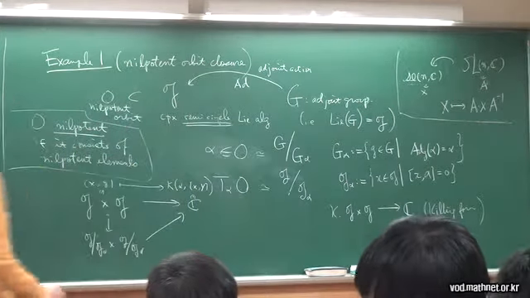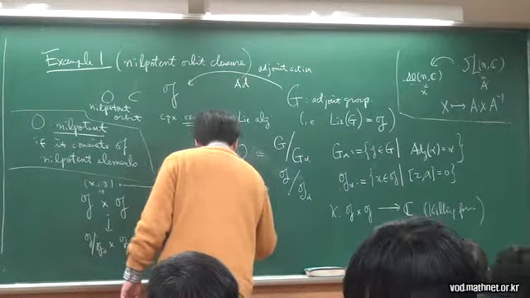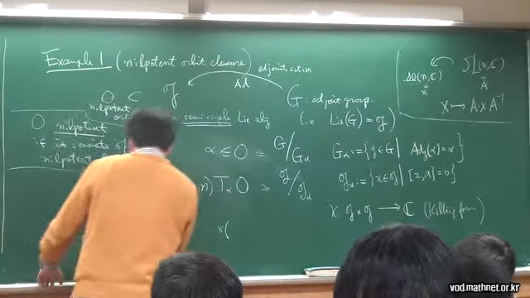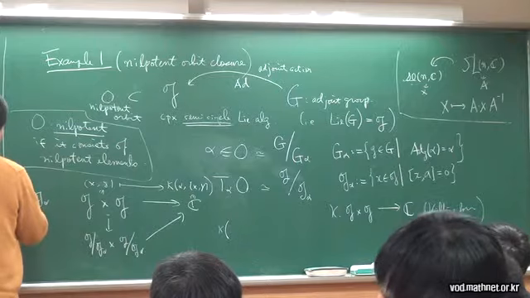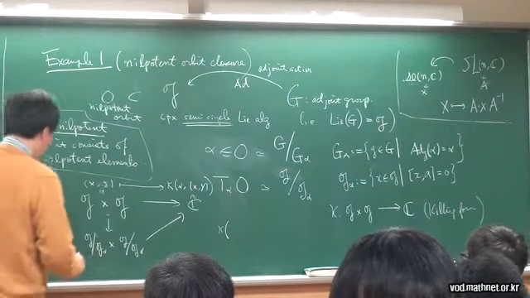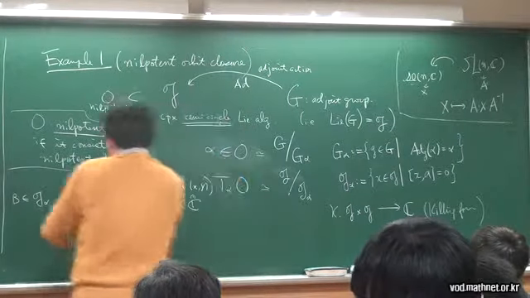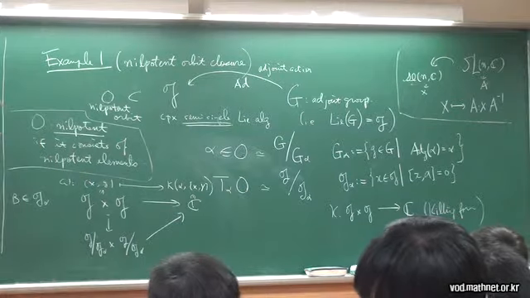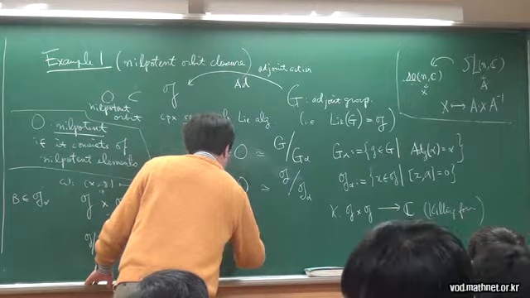So, for example, if you take an element from k alpha, for example beta, and we call this omega, then what is the beta z?